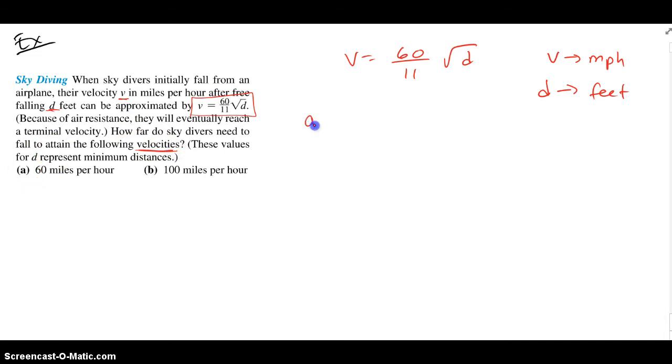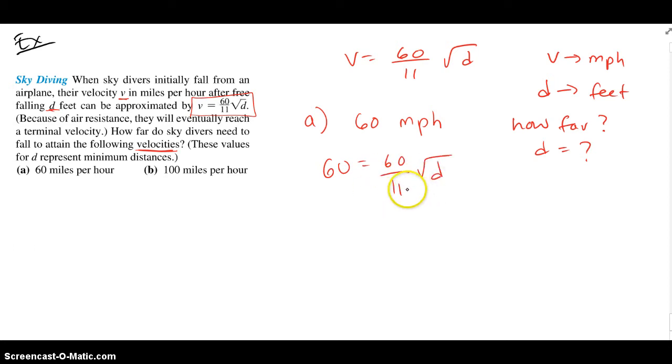So A, we're given 60 miles per hour. We need to find how far they fall, so that must be our d that we're looking for. So let's take 60 miles per hour and put it in place of the v, and then solve the resulting equation.